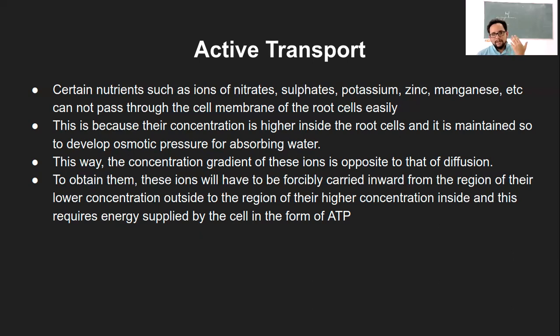So now we know that active transport happens from lower concentration to higher concentration. It requires energy, it requires membrane proteins, and the reason it keeps on accumulating minerals or ions inside the root hair cell is that it has to maintain the osmotic pressure for absorbing water.